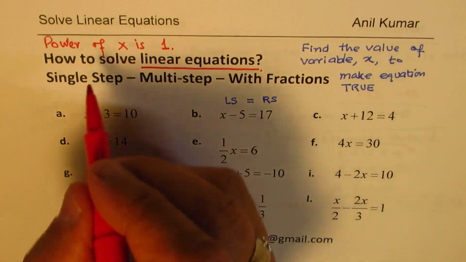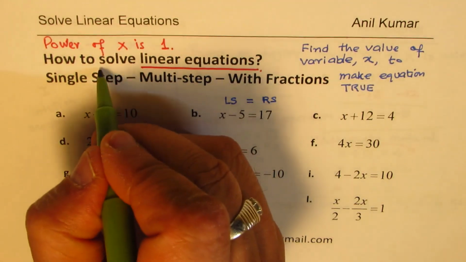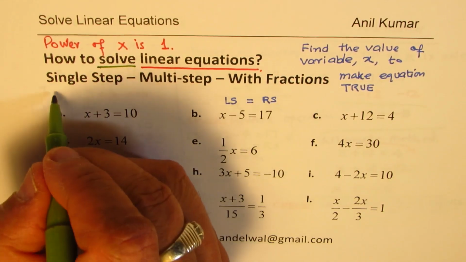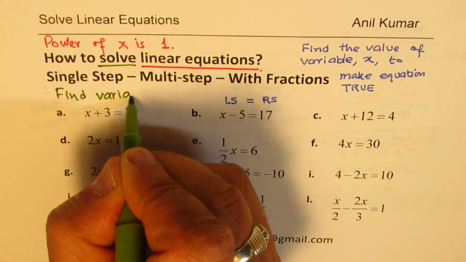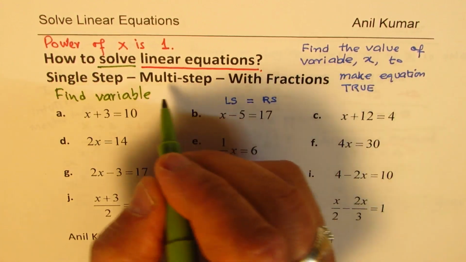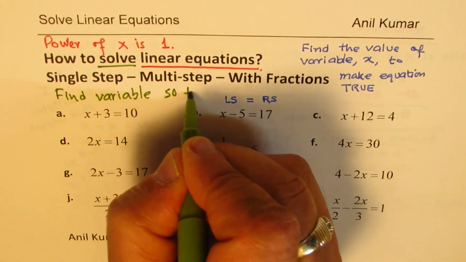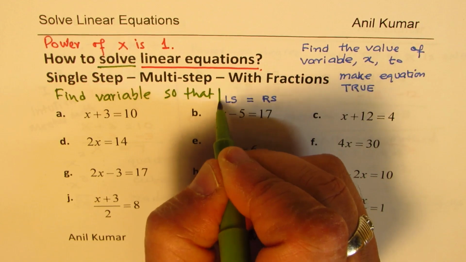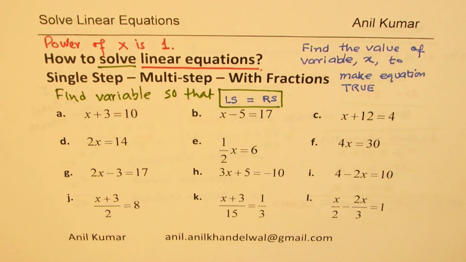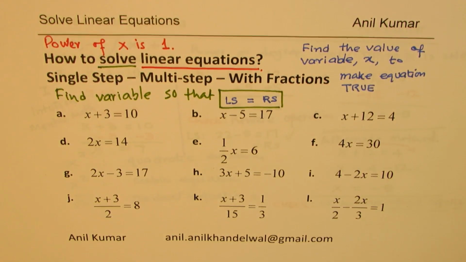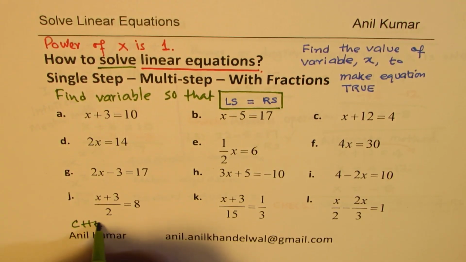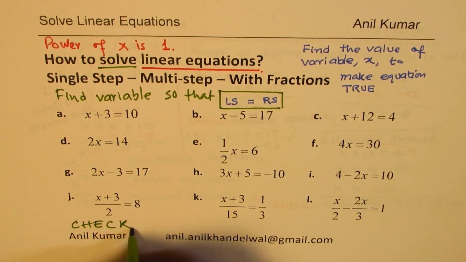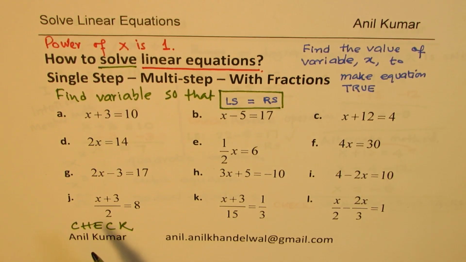When we say solve, in that case we say find the variable, so that left side is equal to right side. Clear? So these are the steps. And the last part should always be checked. Once you get your solution, it's a good idea to check, right?